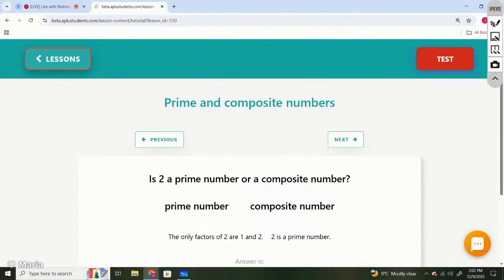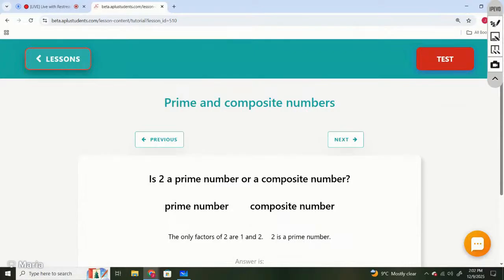So first thing we need to learn is what are the prime and the composite numbers. Prime numbers have only two factors, one and the number itself, right? The example we are on right now: is 2 a prime number?